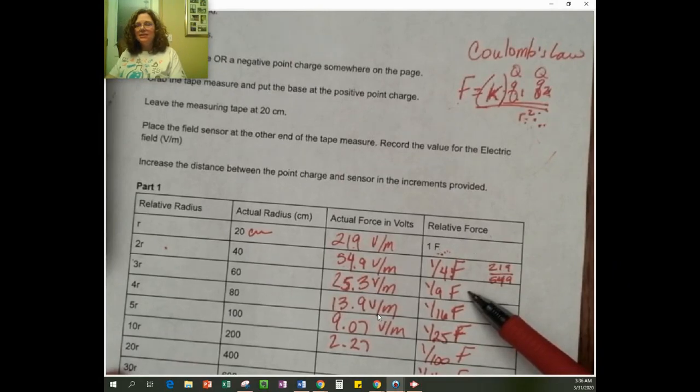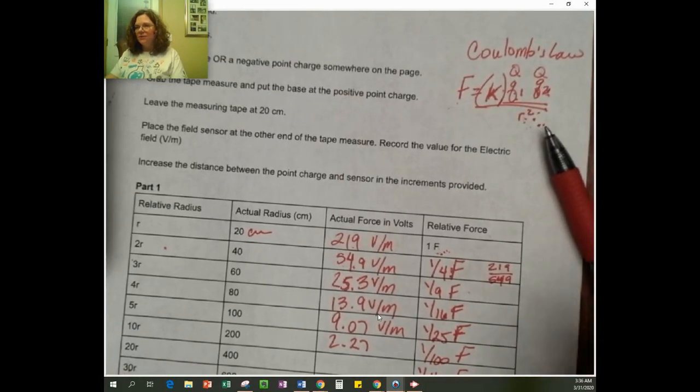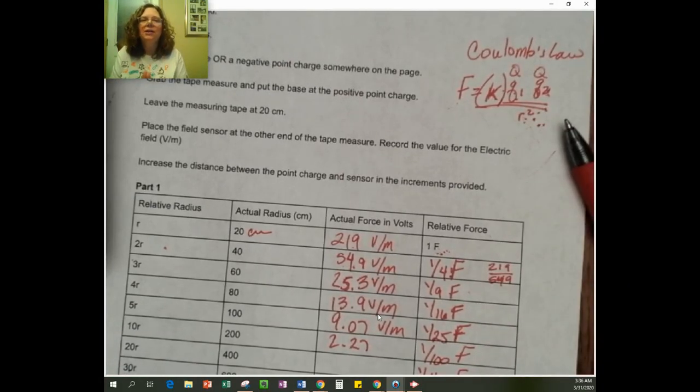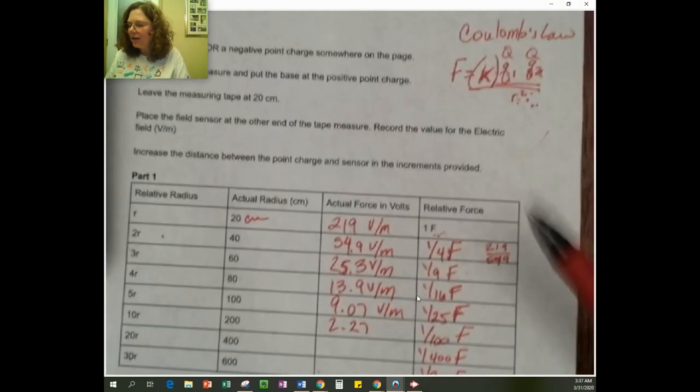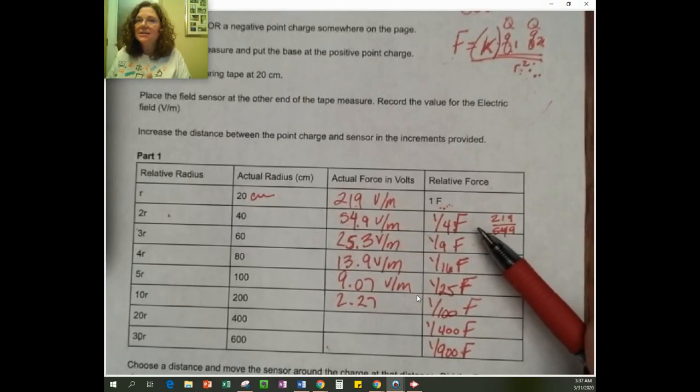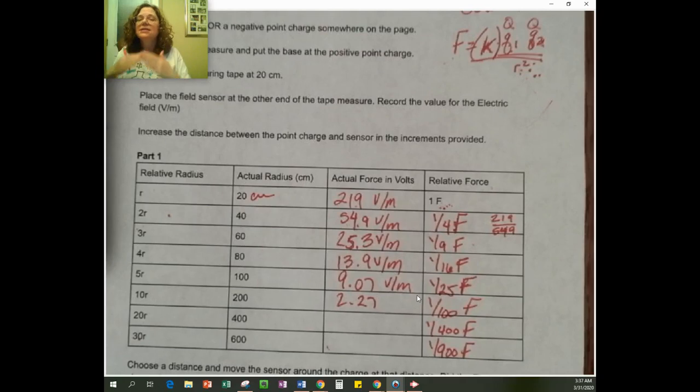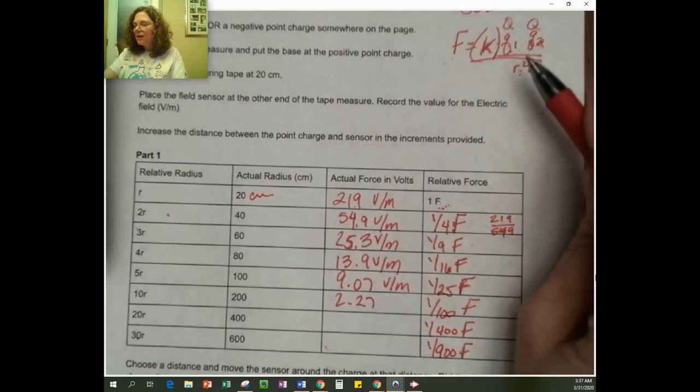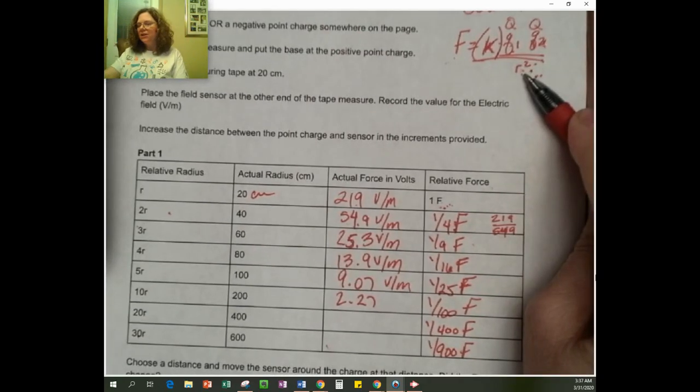If we increase the distance, it's going to have the inverse effect. Coulomb's law is an inverse square law. Distance inversely affects the force because we have the division right here.